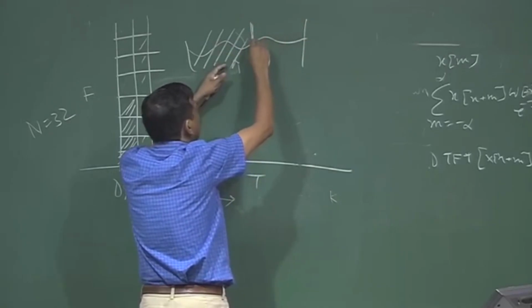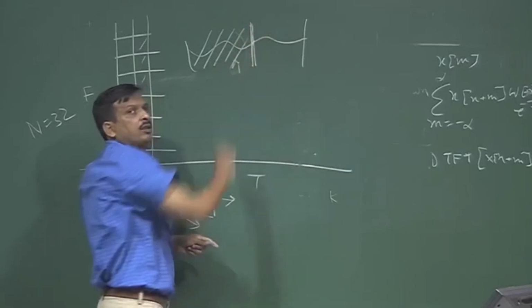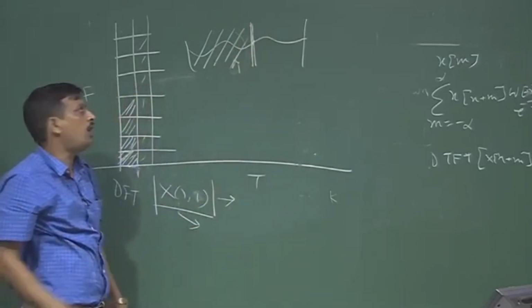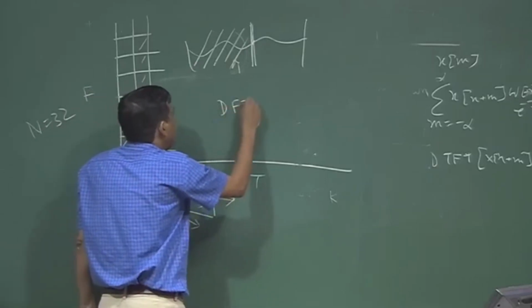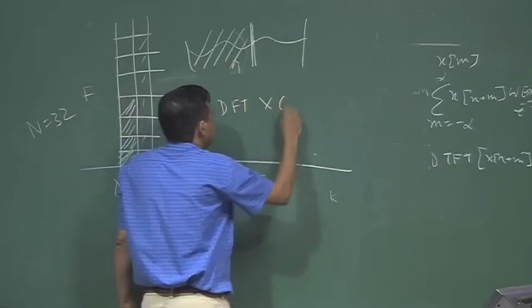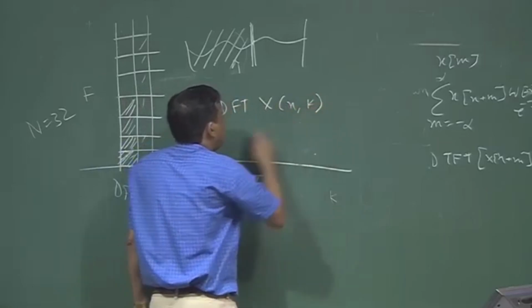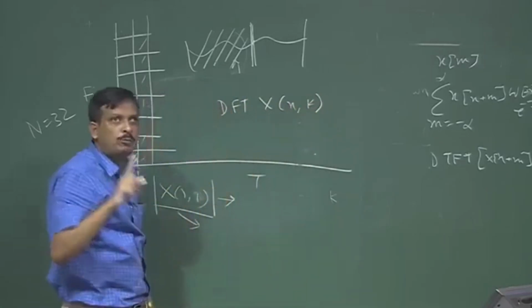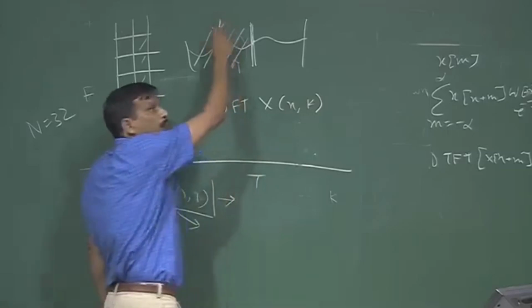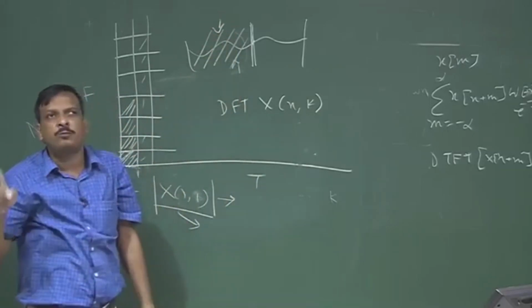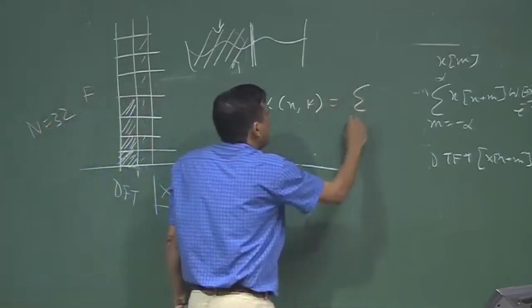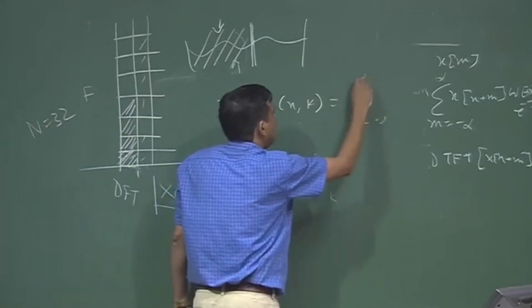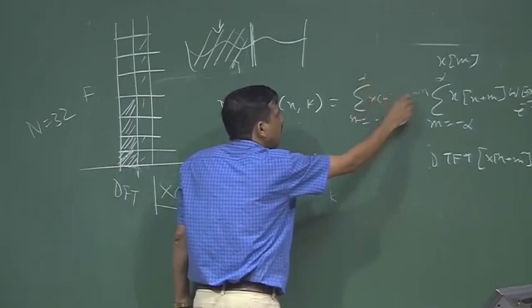But at the beginning and the end of the window, I get a problem, because the DFT of x_n(k) is nothing but the frequency response of the signal multiplied by the frequency response of the window. It is the sum over m equal to minus infinity to infinity of x(m) multiplied by w(n-m).